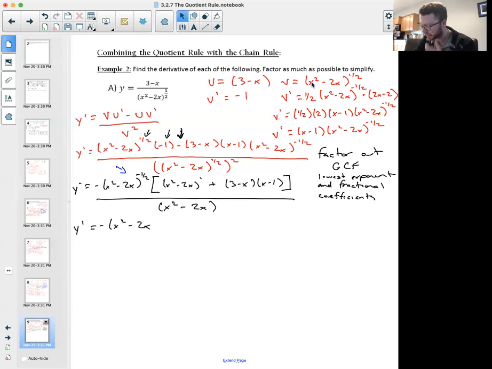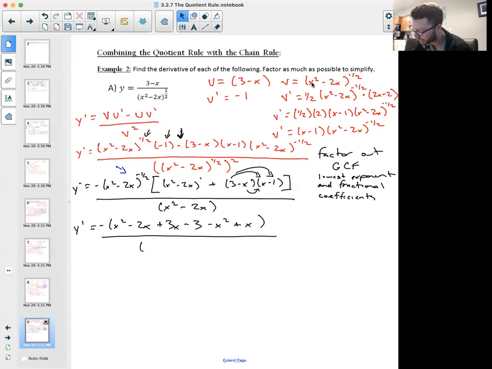And our negative is still up there. And if we distribute this into here, and there, we will get plus 3x minus 3 minus x squared plus x, divided by this coefficient that we just put underneath. So x squared minus 2x to the 1 over 2. And the other term we have is the x squared minus 2x, of course, to the 1.